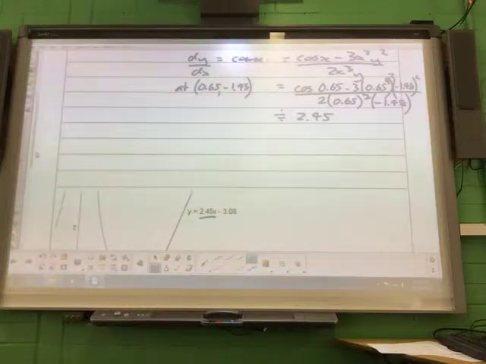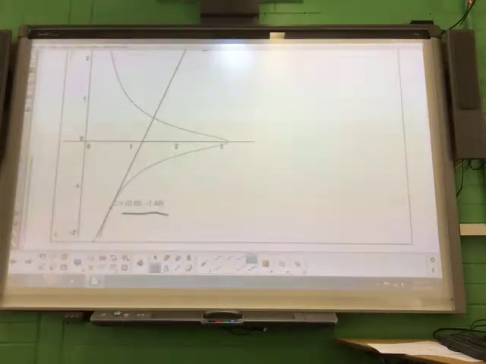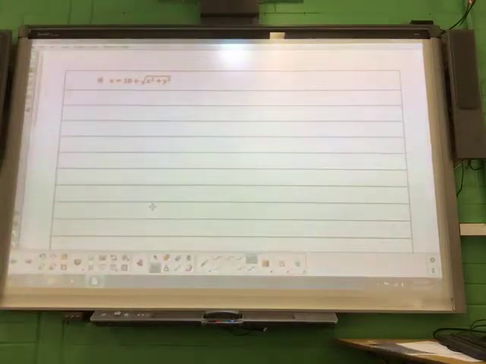So this is important because the next thing I'm about to show you today is finding the gradient of the tangent from the normal to your ellipse, and we need to use this skill so we can find that. Any questions so far? Right, let's step it up one more gear so that you are familiar with the approach.